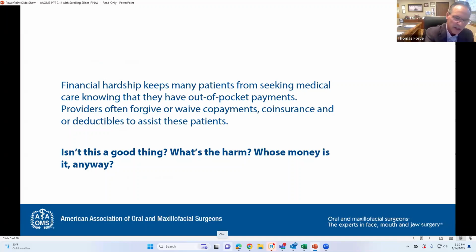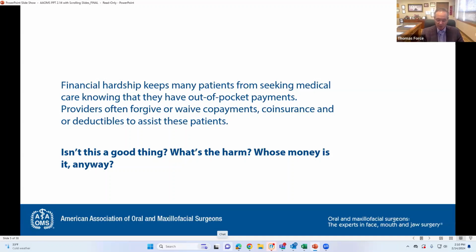I am currently defending roughly 10 audits by insurance companies and regulators against healthcare providers who, most of the time, really did not understand that they had actually waived balances owed by patients. I'm talking about deductibles, coinsurances, and copays that are listed on EOBs that have to be collected. So I have a lot of experience with these types of audits when things go wrong.